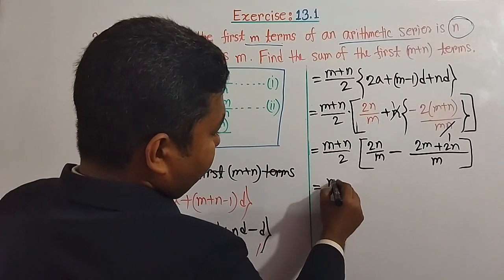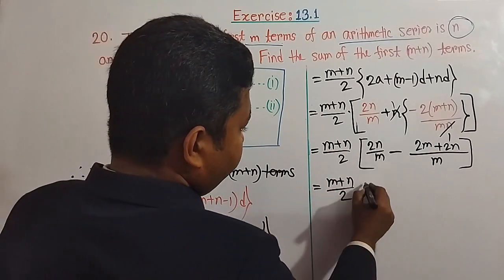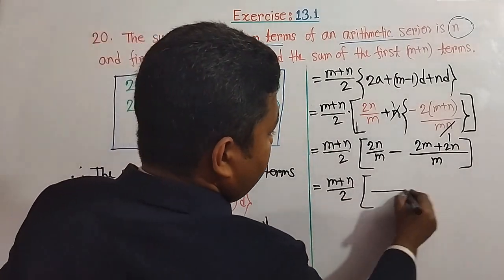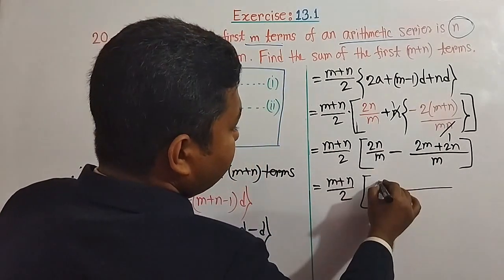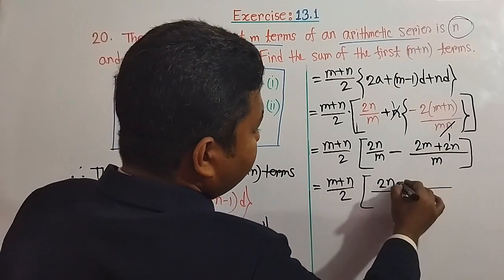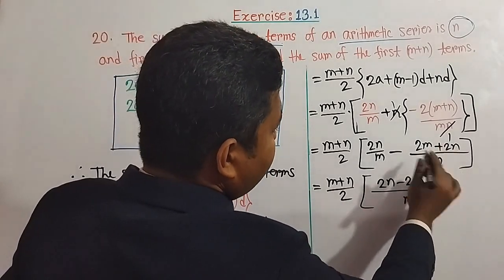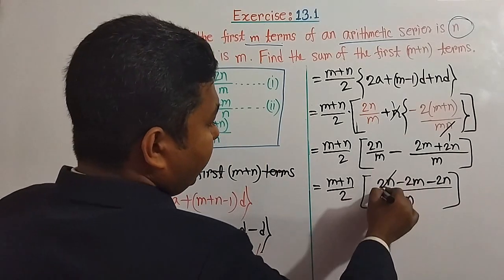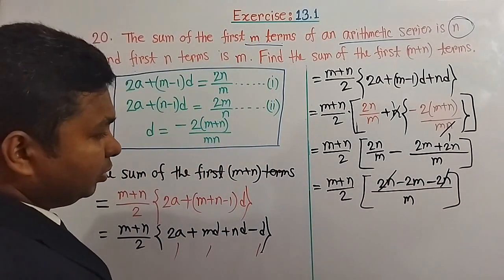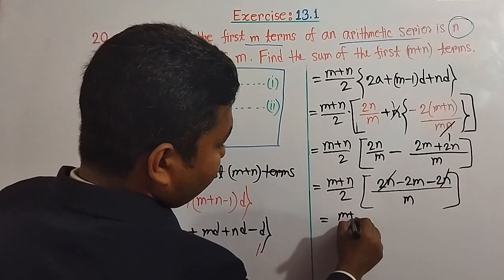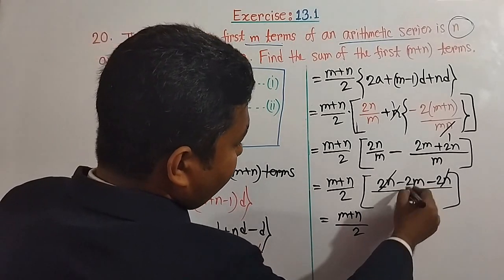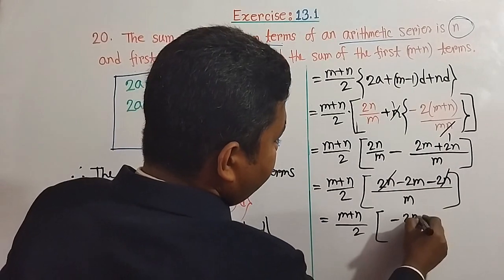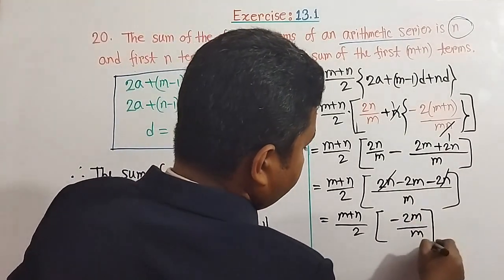Then (m + n)/2, here taking LCM as m, we get 2n, then minus 2m, then plus minus becomes minus 2n. Then here plus 2n and minus 2n are cancelled, so (m + n)/2, and here minus 2m/m.